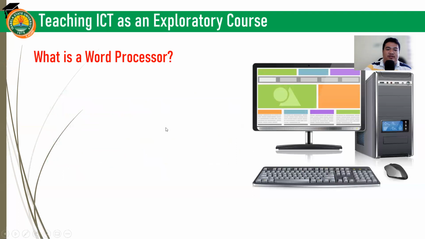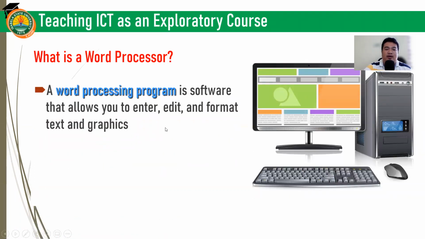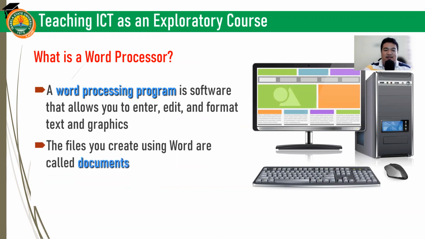With regards to this, a word processor is a word processing program, a software that allows you to enter, edit, and format text and graphics. The files that you create using Word are called documents.